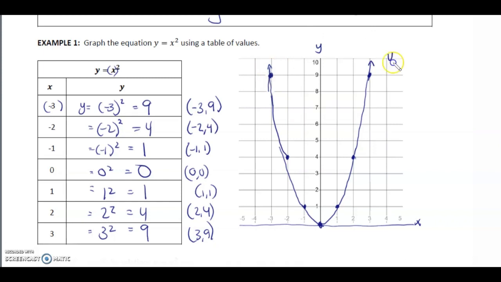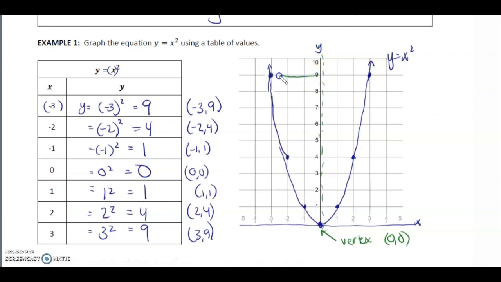Okay, so this is y equals x squared. And go ahead and label this graph by just putting the equation right next to it. Okay, let's talk about a couple things on this graph. So this graph, if you look down this middle where a vertical line would go through the vertex, so this right here would be the vertex. This occurs at 0, 0. And then all of these points are equidistant away. So this is symmetric.